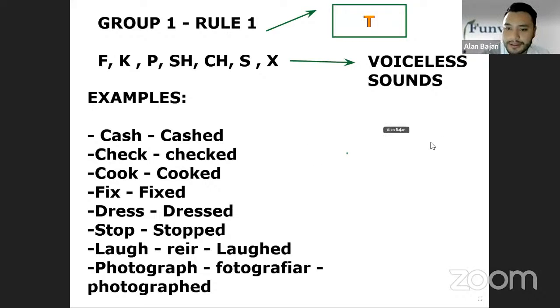I will delete the whiteboard, and we will go to the next group. Group number 2, or rule number 2.